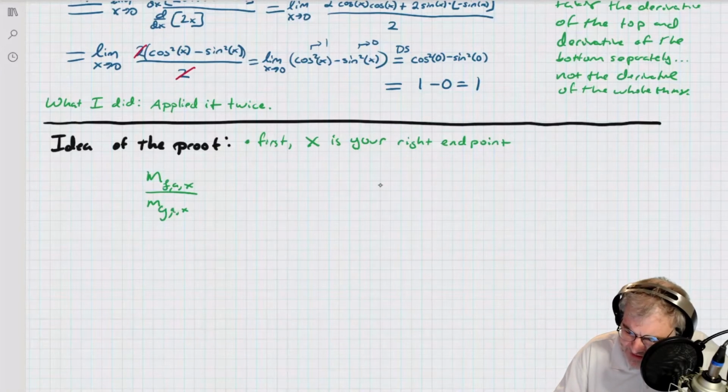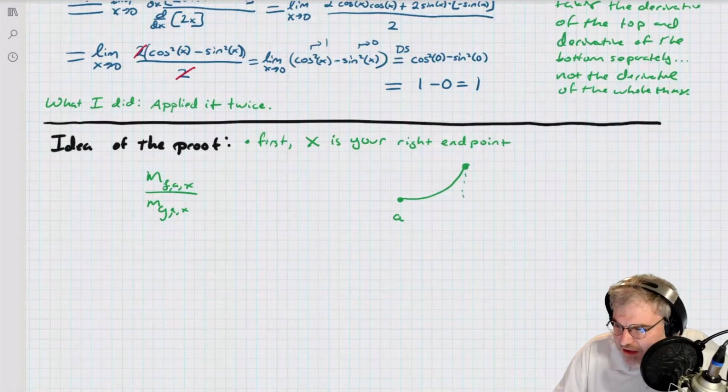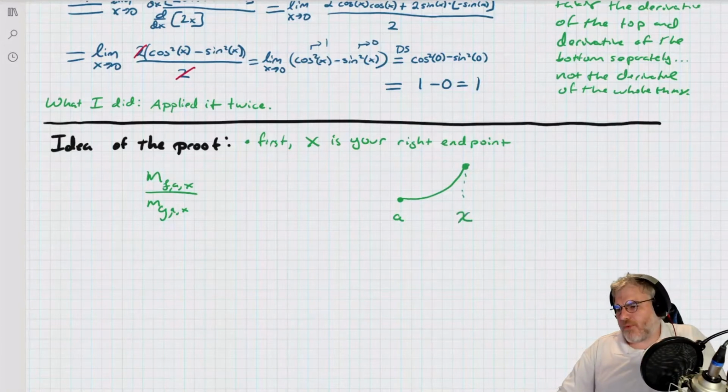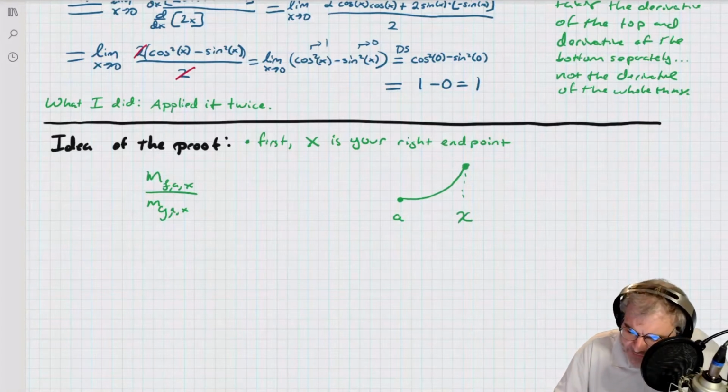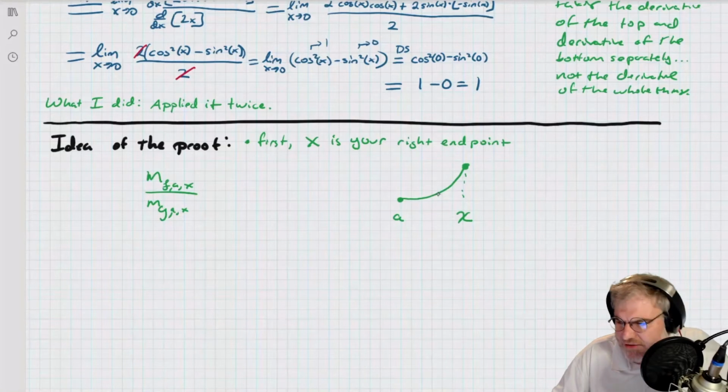This idea that I've got x as my endpoint. Here's a, and I'm talking about the limit to the right. There's some b over here, but I don't care about the b. The x is the other hard endpoint. Okay?